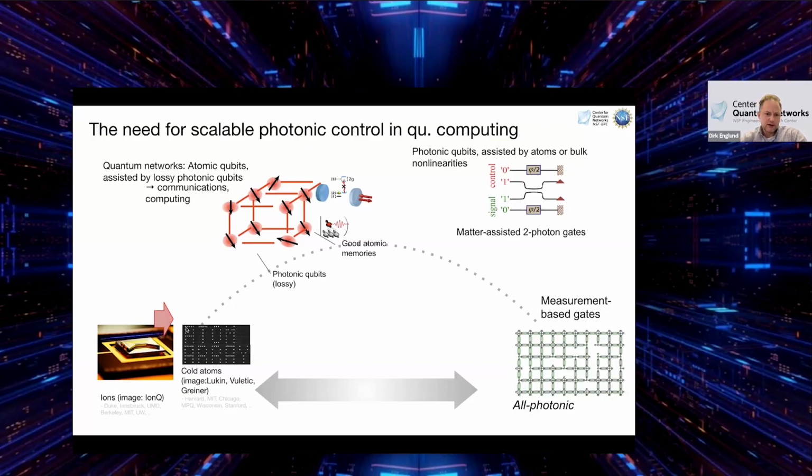And here the interactions are realized by atomic physics methods, like dipole interactions. But at longer distance, still, there is a strong desire to network them via flying photons.